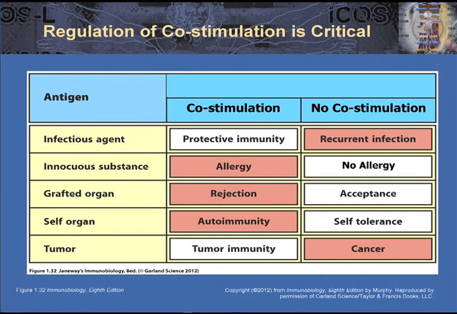So obviously, you can control a lot of different immunological processes by controlling the co-stimulation. If you promote co-stimulation, then you can enhance protective immunity or tumor immunity. If you block co-stimulation, you may be able to treat allergic disease, graft rejection, and autoimmunity.